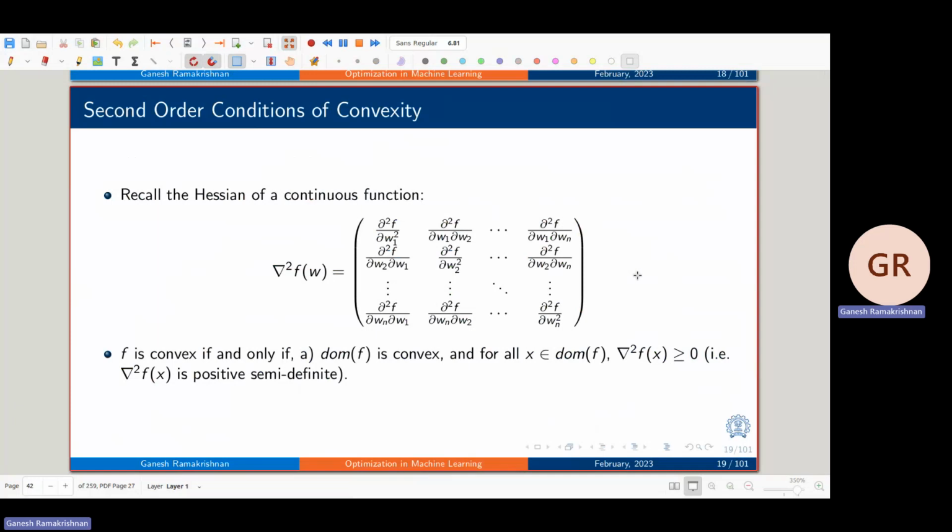This condition is equivalent. Now I can add a strict less than instead of less than or equal to, but it's the same as saying the first order condition, which was that f of x2 lies above the supporting hyperplane at x1.